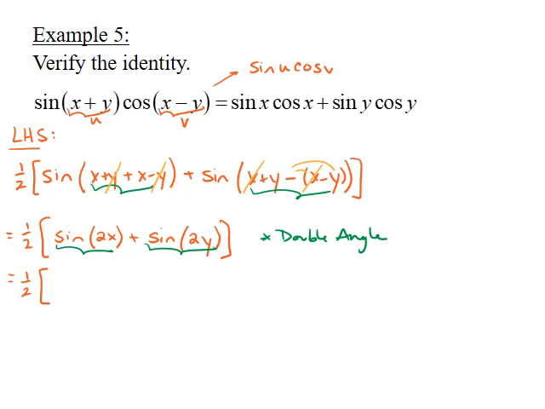You get, for this one, 2 sine of x cos of y. I'm sorry, cos of x. They're both x's. Plus, over here, you get 2 sine of y cos of y. Notice these both have a 2 in common, so you can factor that 2 out.